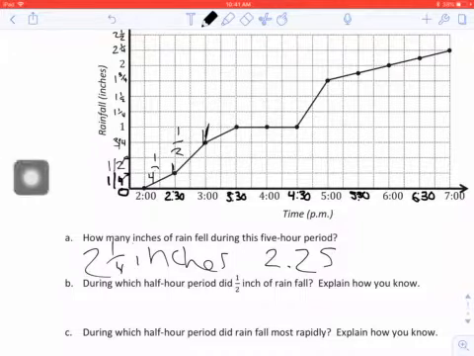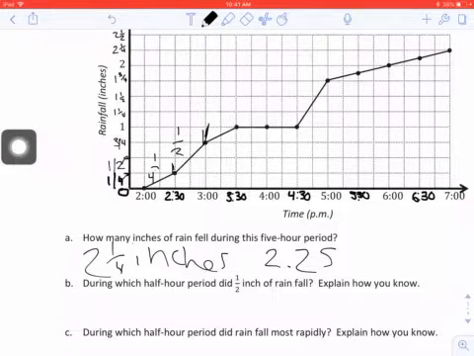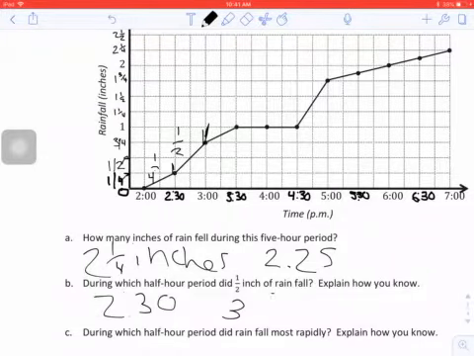So it added that 1/2 inch to that 1/4. So that was between 2:30 and 3 o'clock. I want you to write these in complete sentences. You're not just writing what I have down here. The line went up 1/2 inch as time went on from 2:30 to 3 o'clock would be one way to say that.